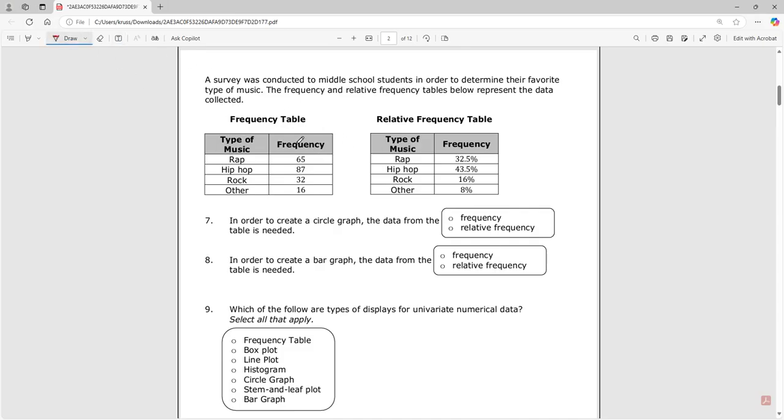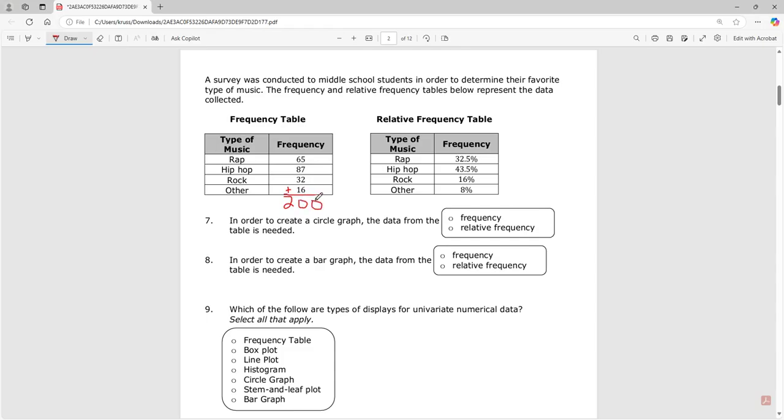All right, so let's get a calculator out, and if I add 87, add all these together, what do I get? All right, so 65 plus 87 plus 32 plus 16. It's a nice round 200.